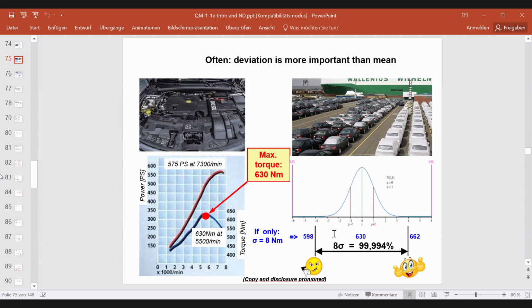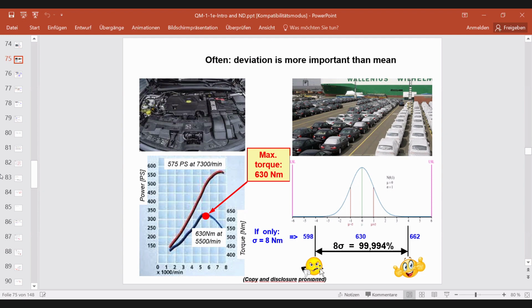If you think of a production of 100,000 parts, or cars in this case, and the standard deviation of the torque is only small, only 8 Newton meter, you have a mean value of 630 Newton meter and sigma is 8 Newton meter. So it's small.